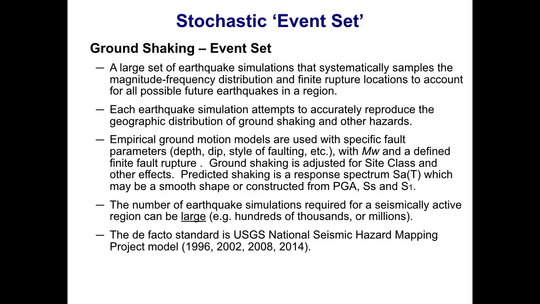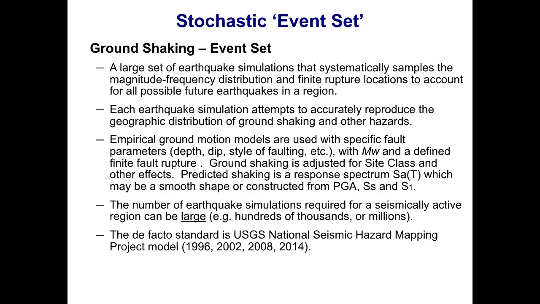The de facto standard for the ground motion modeling is the United States Geological Survey's National Seismic Hazard Mapping Project, and the models there were produced originally in 1996 but have been updated every 6 years since, so in 2002, 2008, and 2014.